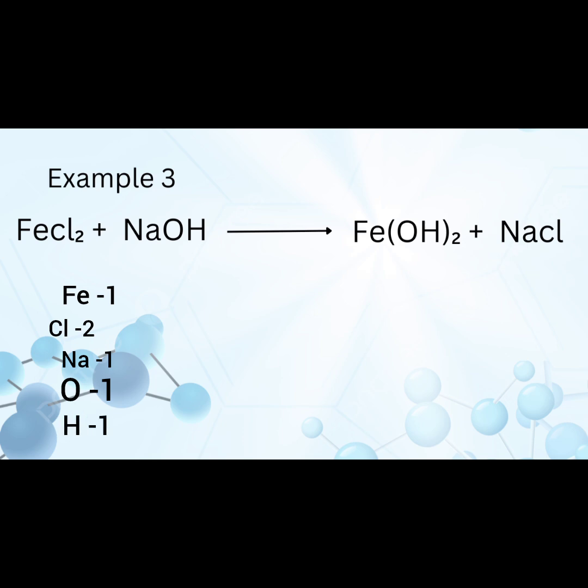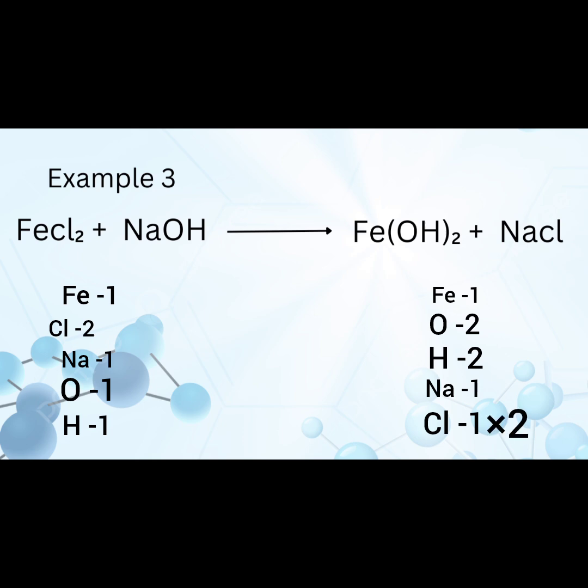Whereas in RHS, the number of iron is 1, oxygen is 2, hydrogen is 2, sodium is 1 and chlorine is 1. Now if we observe the reaction, the number of Cl on both sides is different. So we can multiply by 2 in place of RHS.